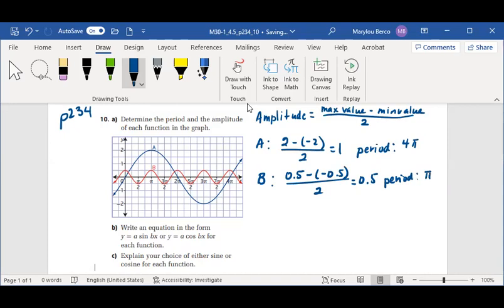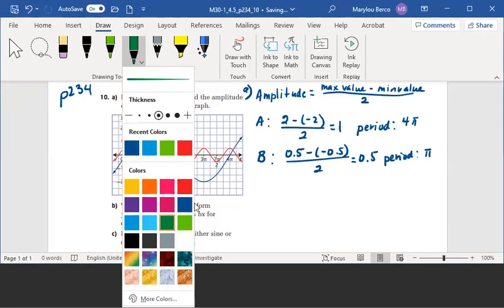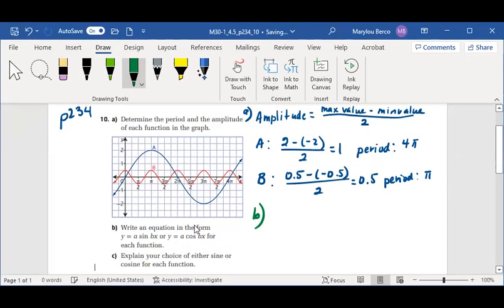Okay, for part B, write an equation in the form y equals a sine bx or y equals a cos bx for each function. Okay, so I'm going to take a look. This is A. Take a look at B. Let's put B in a different color. Okay, so graph A has the pattern of a sine curve.